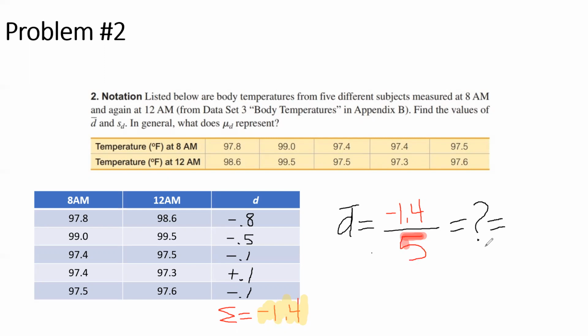Now, when we divide that by 5, what do we get? Negative 0.28. Excellent. Right. And this skill is going to be very important later when we're doing this.